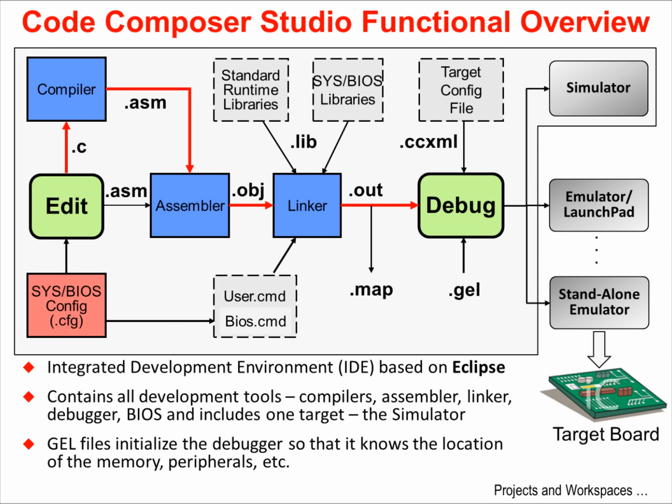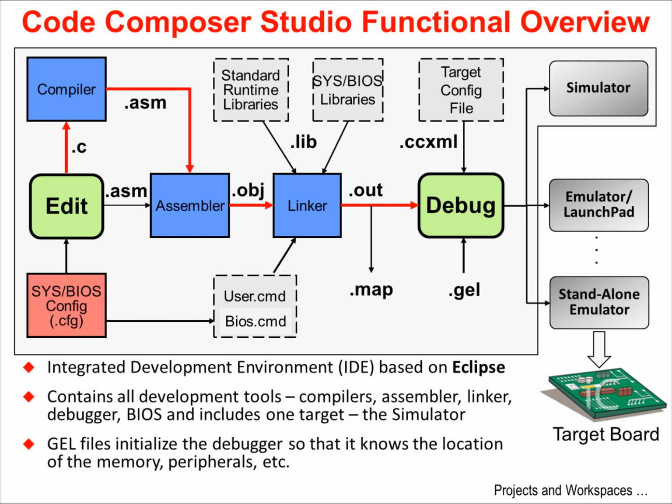A normal development environment flow would be to create C source files using the editor on the left. These files would then be compiled to create assembly files, which are then assembled into relocatable object files. These object files, along with any libraries that you may include, are linked into an output file using the guidance provided by the command file.